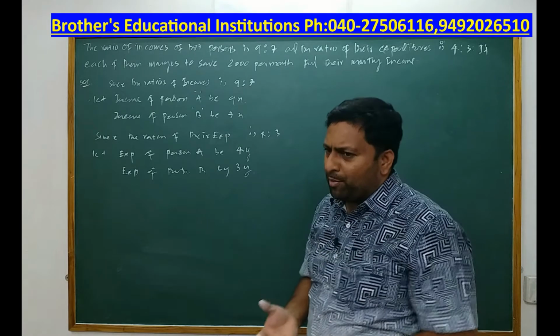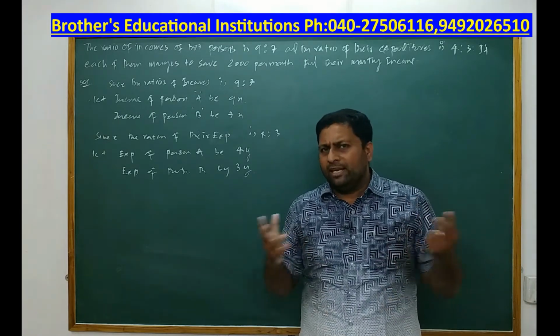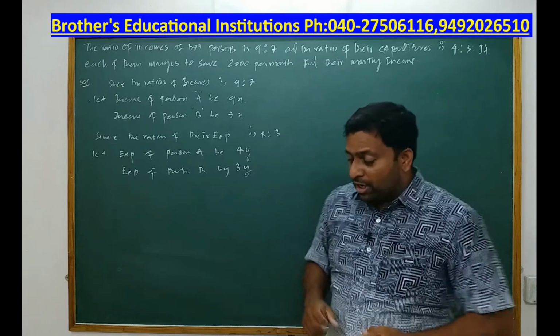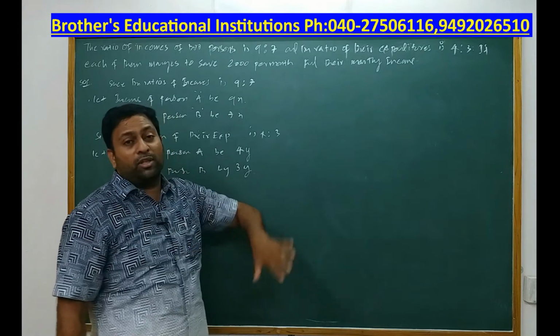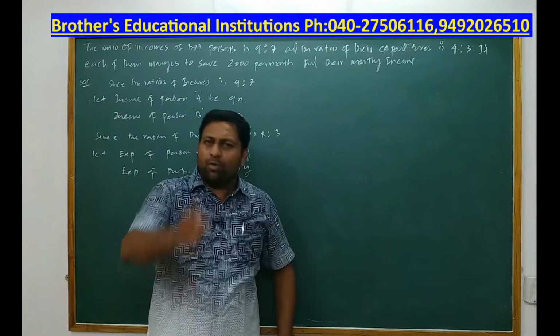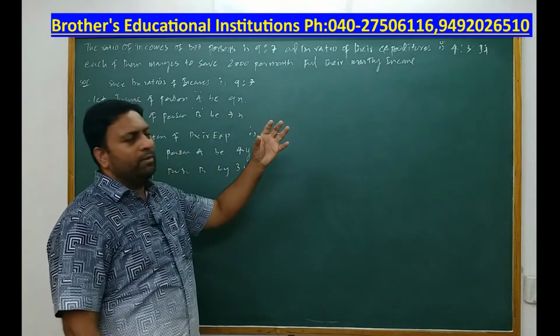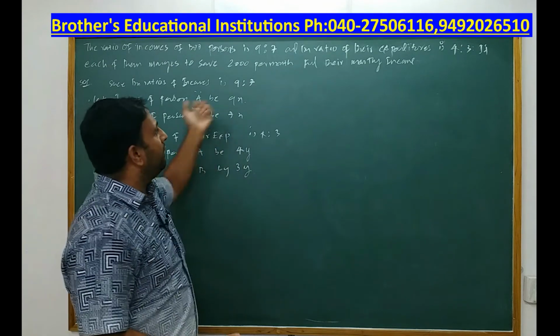In order to solve the problem, dear students, you know that you have to create two simultaneous linear equations or a pair of equations. Now here, to create an equation, you must remember one formula, and not only is this formula applicable in maths, it is applicable for your life also. You know what the formula is? Income minus expense is equal to what? Savings.